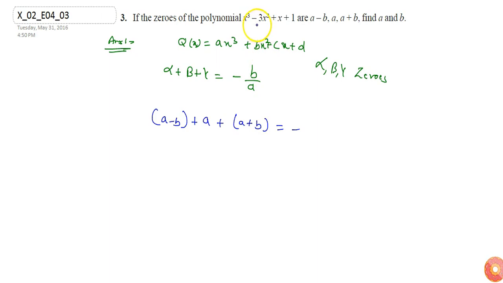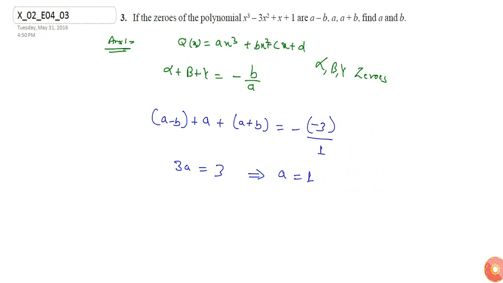So here coefficient of x square is minus 3, so I can say minus of minus 3 by coefficient of x cube, which is 1, so it will be 3. So from here I can write a plus a plus a is 3a, and minus b plus b will be 0, equals 3, or I can say value of a is 1.